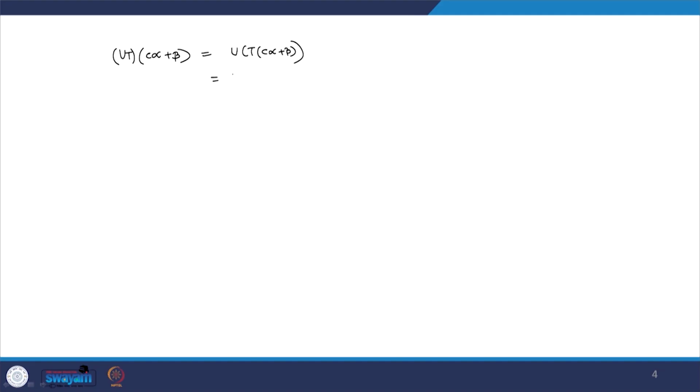So, this is equal to U of C times T of alpha plus T of beta, because T is a linear transformation from V into W, so this property will hold good.